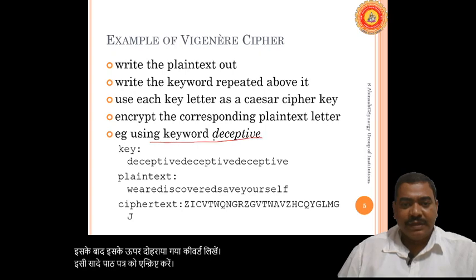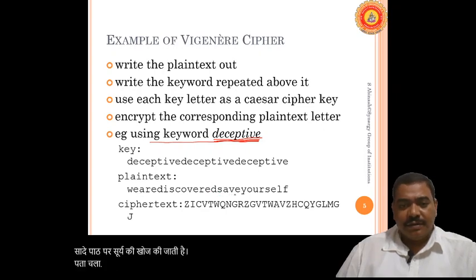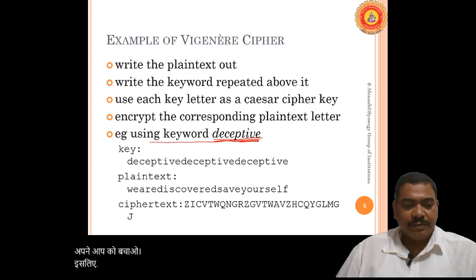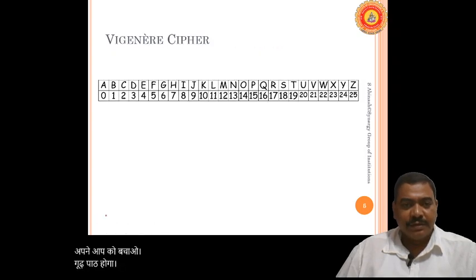Suppose here the key is deceptive, a polyalphabetic key, and the plaintext is: we are discovered, save yourself. Okay, so the ciphertext will be this. I'm showing you one example here.